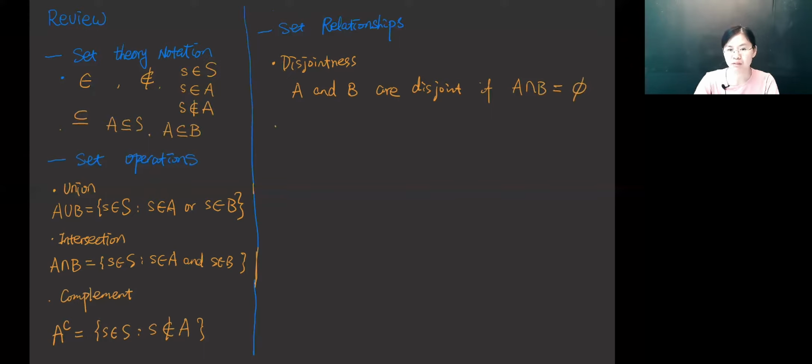Disjointness can also be defined for more than two events. A group of events A1, A2 to AN are disjoint if they are pairwise disjoint.